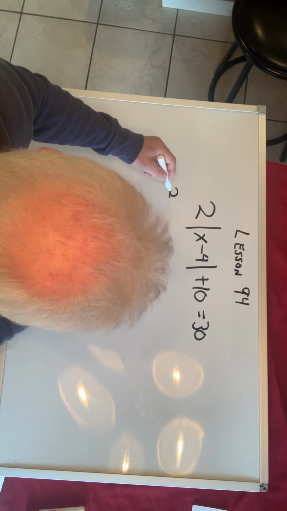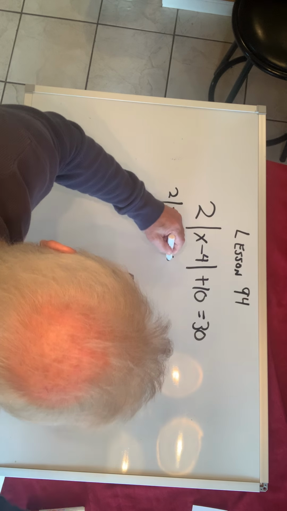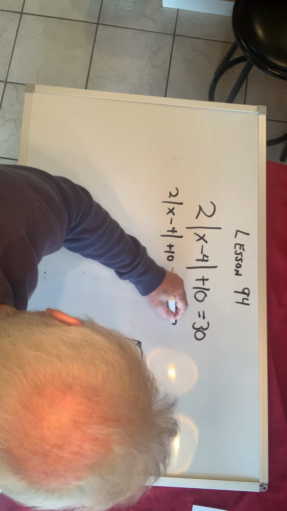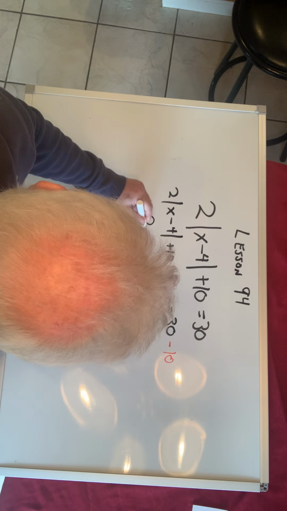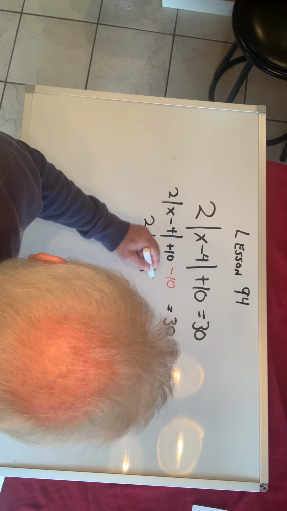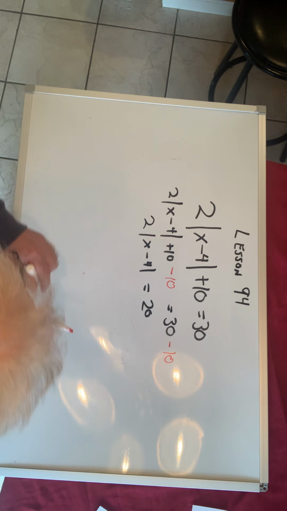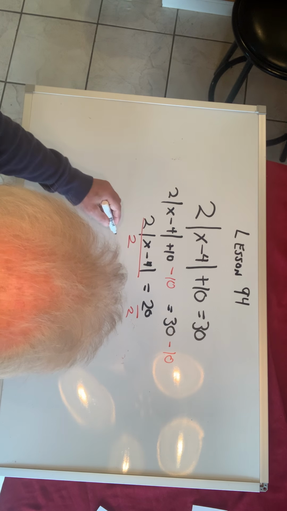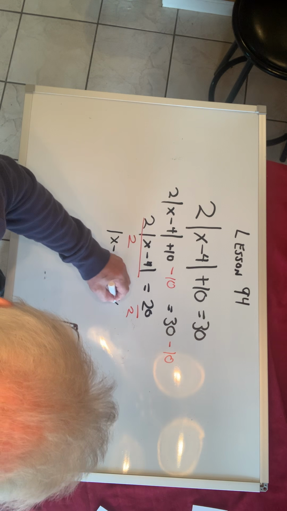We subtract 10 from both sides: 30 minus 10. Then we get 2 times the absolute value of x minus 4 equals 20. Now, they're multiplying by 2, so we'll divide by 2. And we get the absolute value of x minus 4 equals 10.